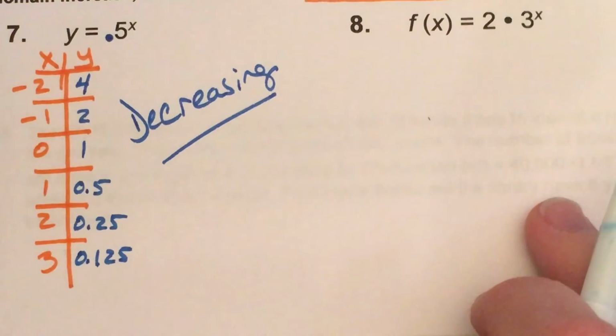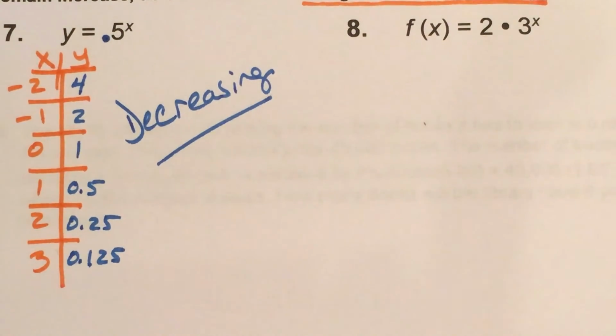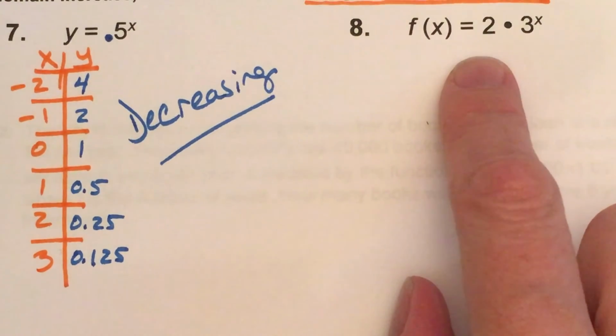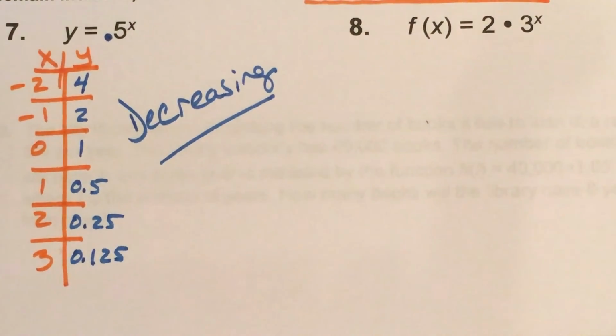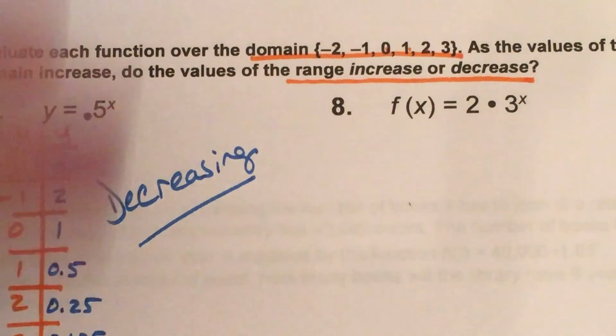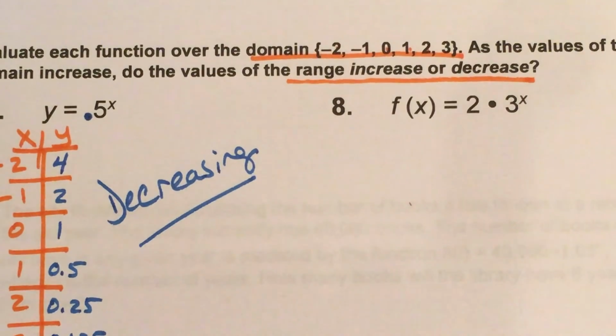Yeah, they're decreasing, it's shrinking. So I want you to pause the video. I want you to build a table for number 8 with the same domain values that we have here, and then see what the range would be and what its pattern of behavior is.